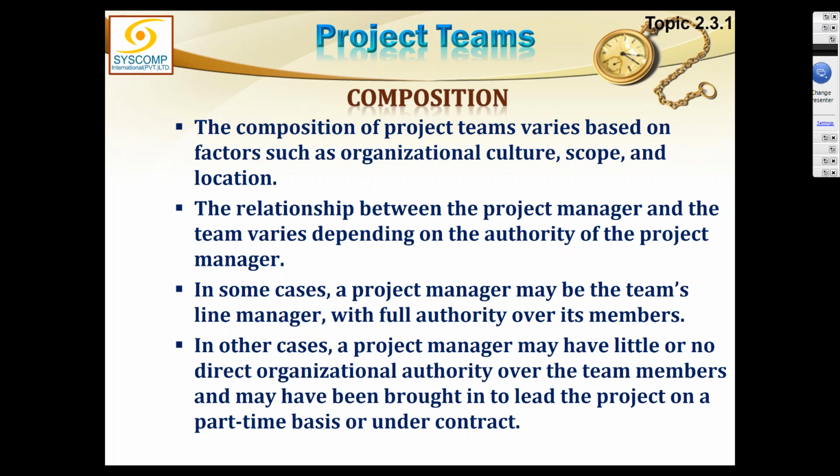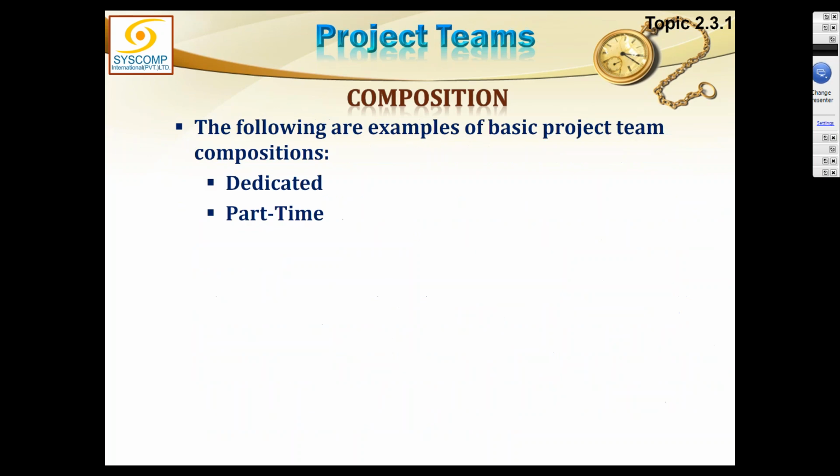In some cases, a project manager may be the team's line manager with full authority over its members, like in the projectized structure. In other cases, a project manager may have little or no direct organizational authority over the team members. Maybe it is a weak matrix or a balanced matrix or something like that. The project manager may not have all the authority in that case.